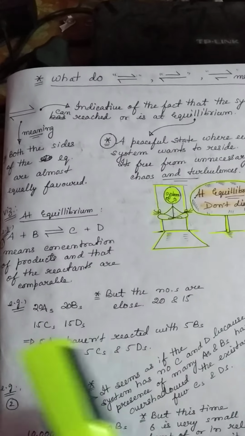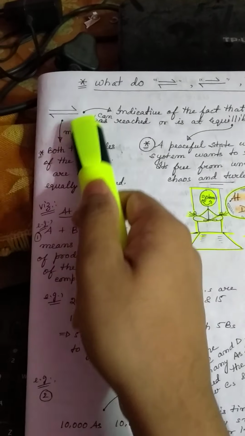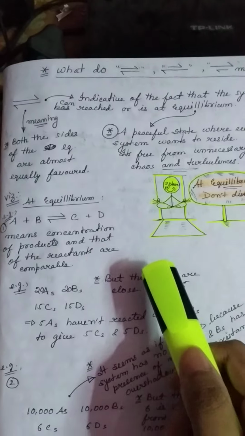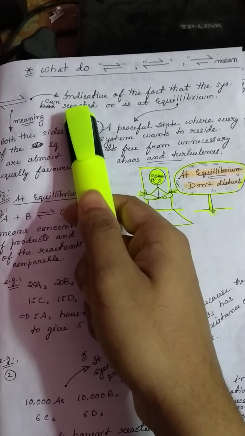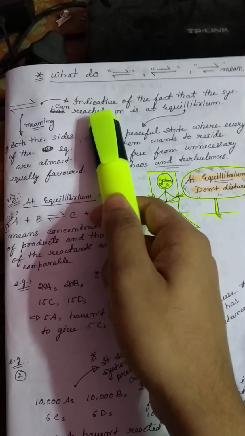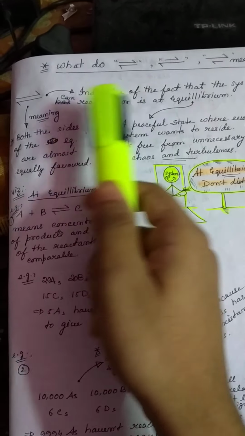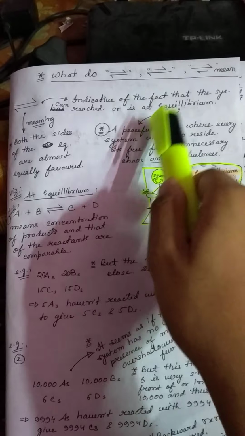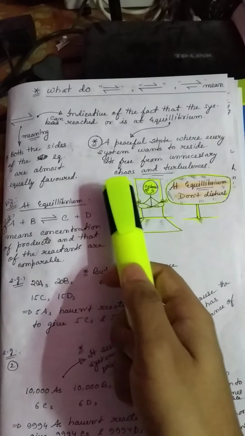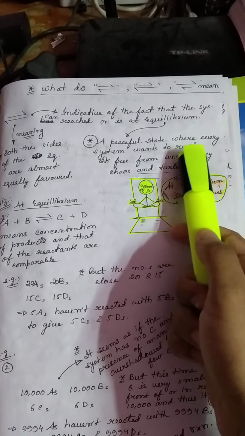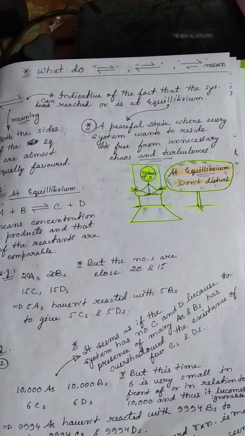Okay, so let's talk about this sign. What does this sign represent? This sign is indicative of the fact that the system can reach, it's not reached, okay, it's reach, the system can reach or is already at equilibrium. What does equilibrium mean? Equilibrium is a peaceful state where every system wants to reside.